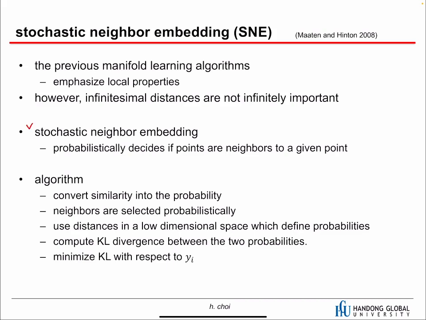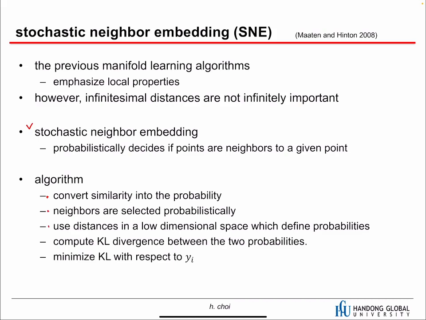So let's talk about stochastic neighbor embedding. It actually probabilistically decides if points are neighbors to a given point. And the algorithm is following these steps. First, we convert the similarity into the probability, or we convert the distance into the probability. And then neighbors are selected probabilistically.